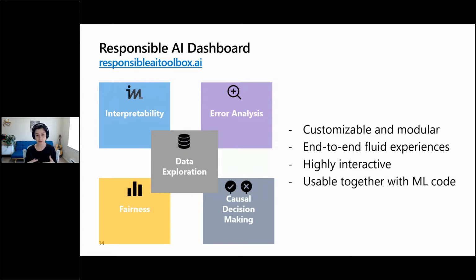And with a click of a button, you can exchange data from one to the other. It's highly interactive, meaning that you can do all of this analysis without getting out of the dashboard, just clicking and deep diving through the same interface, and at the same time it is usable together with machine learning code in Jupyter notebooks.